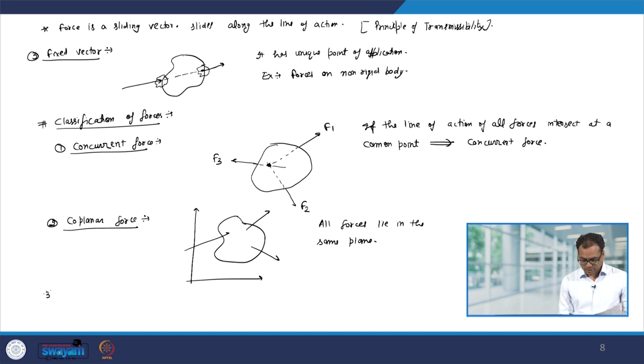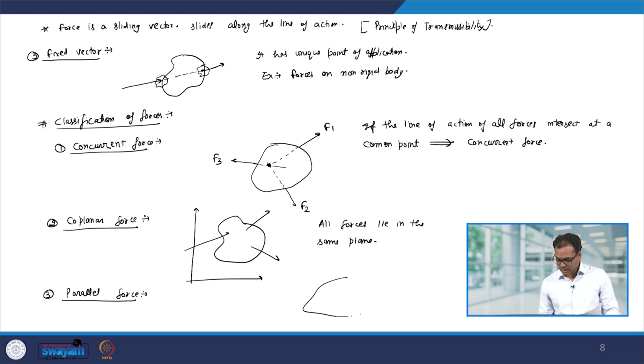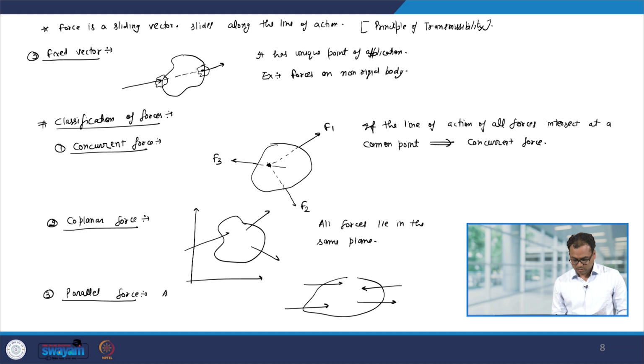Now, there may be a situation where the forces are parallel. Okay. So, again suppose I have a rigid body and in this the forces are acting, but all of them are parallel. Okay. So, here the action lines of the forces are parallel.